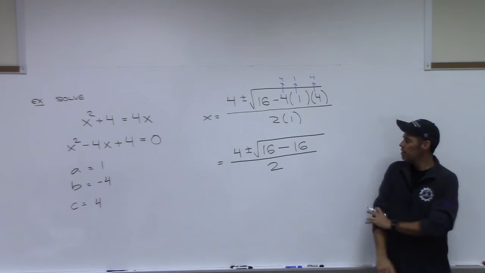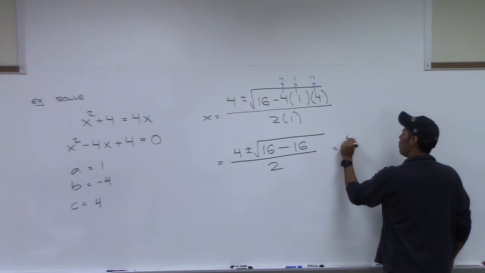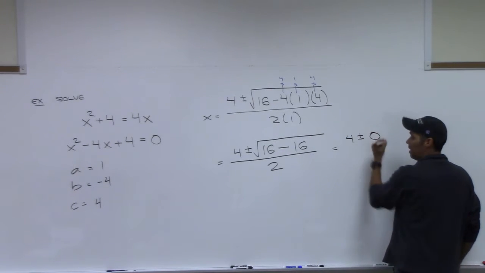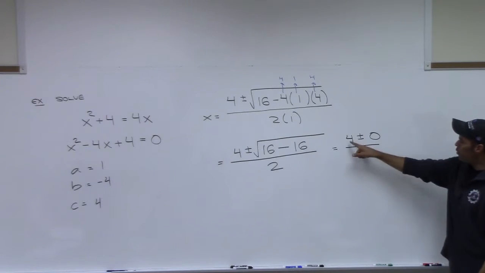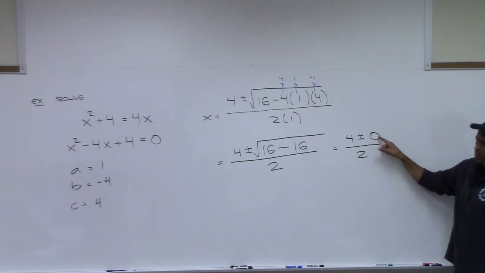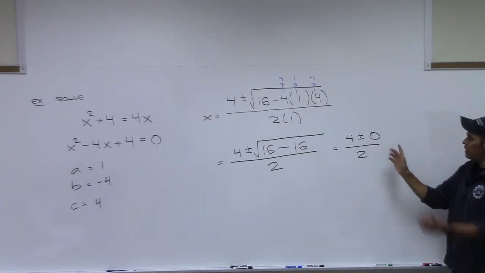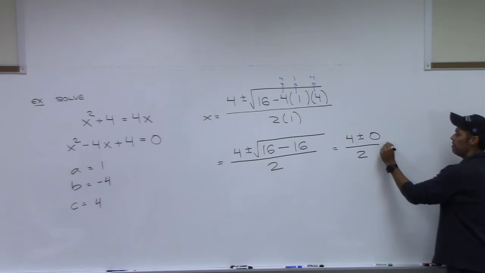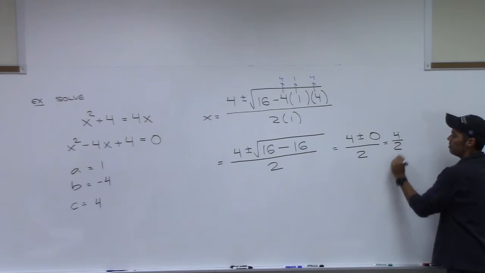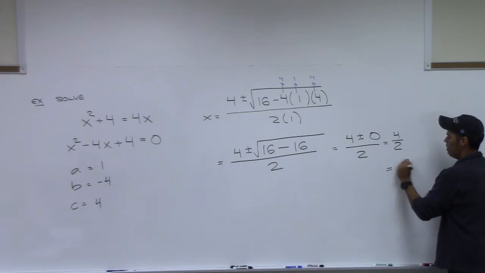So what we're getting here is 4 plus or minus nothing over 2. Well, what's 4 plus nothing? 4. What's 4 minus nothing? 4. So both cases are the same, and this is really just 4 over 2, which is 2.